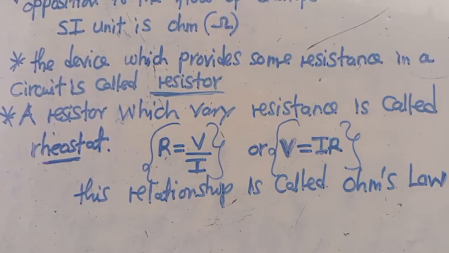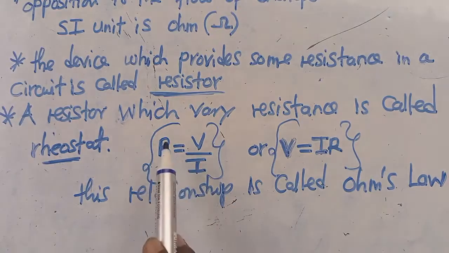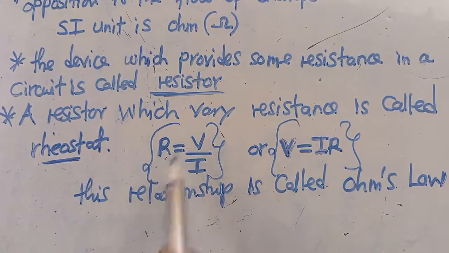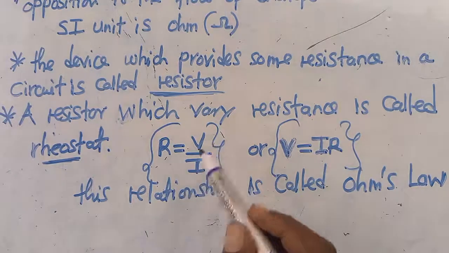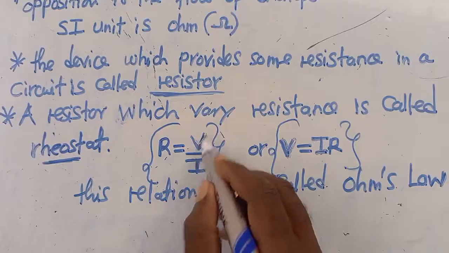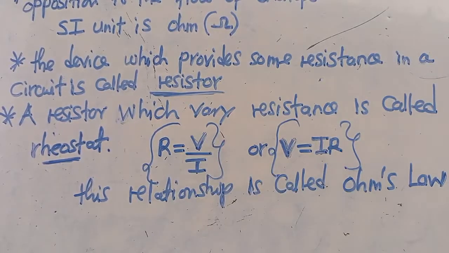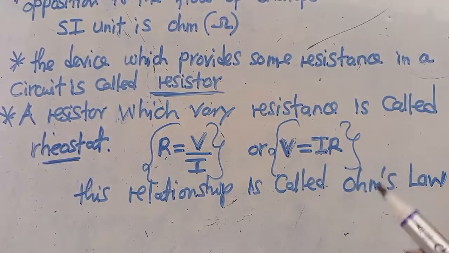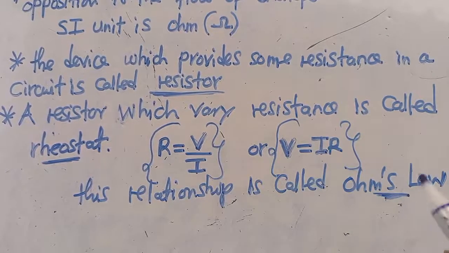If you want, you can say that Ohm's law states that resistance in a circuit is inversely proportional to the current, but directly proportional to the voltage or the potential difference. You are just explaining these formulas mathematically. This is the common one where we say Ohm's law states that current, maybe there's someone that wants to write this one.